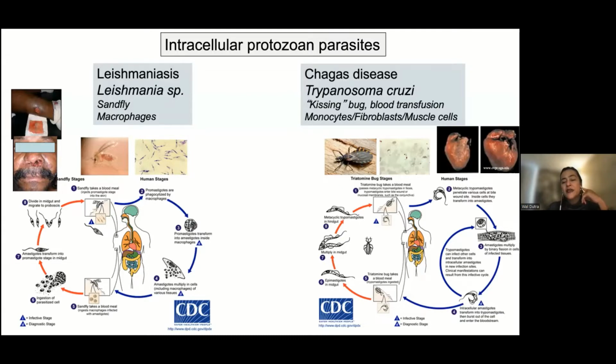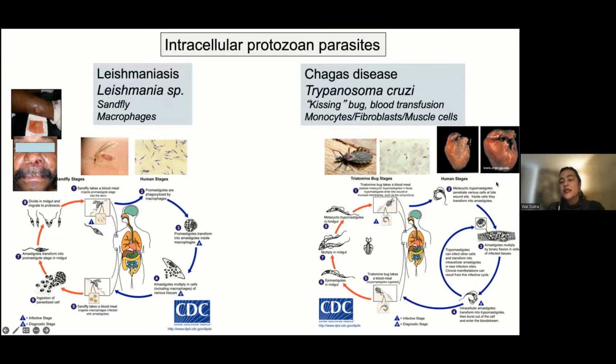And this parasite also goes through a cycle inside of the host, where it typically chooses particular cell types to live in. It is a pretty promiscuous parasite, but in the case of most types of trypanosoma, they choose to live in muscle cells, particularly heart muscle cells.